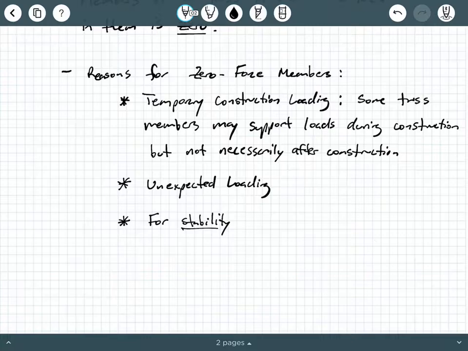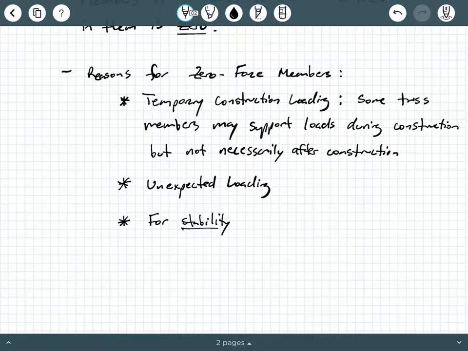So you may have a structure, in this case a truss, in which a member has zero force. However, that member is helping the whole truss stay up, helping it not to collapse. So even though it's not actively supporting a force, it is preventing the truss from collapsing or folding in on itself. That's what we mean by stability.